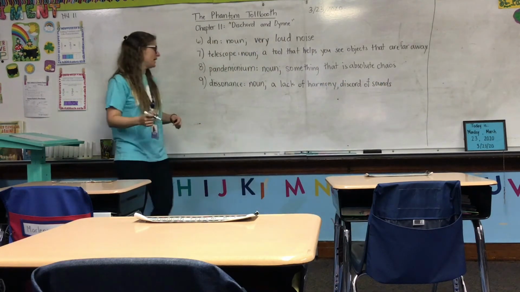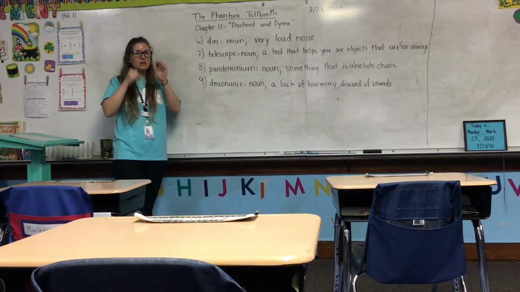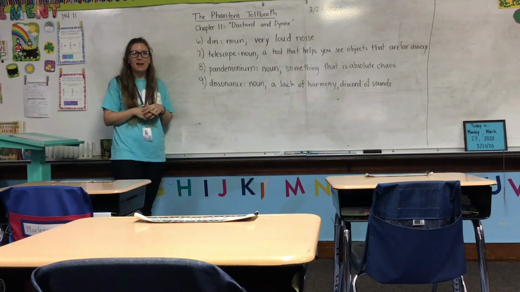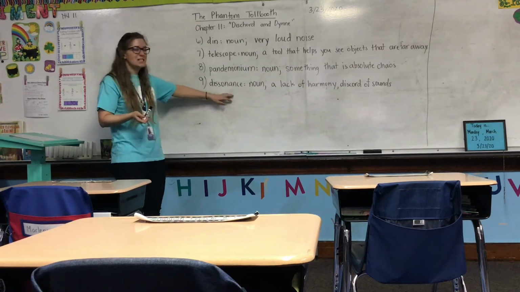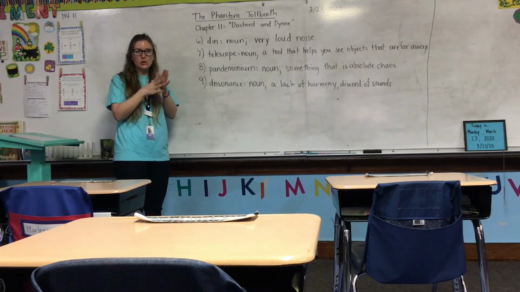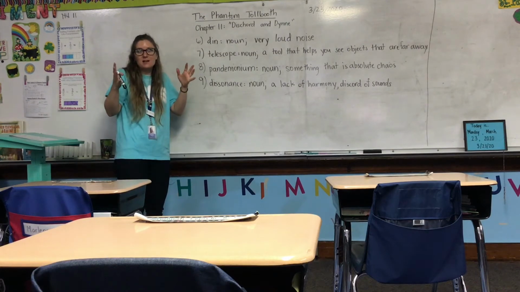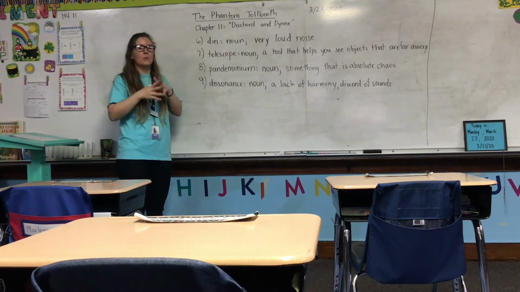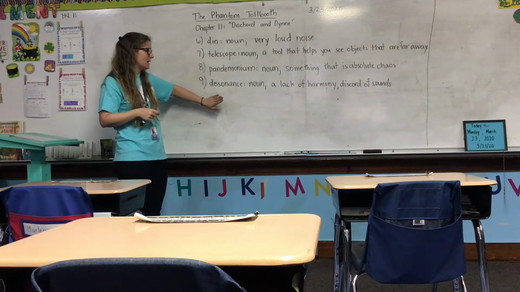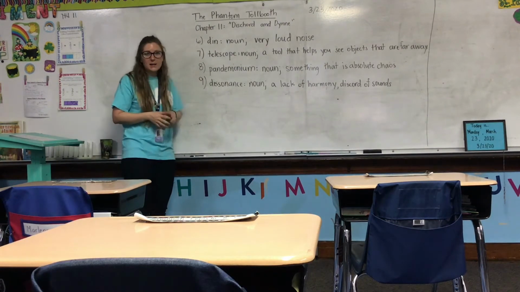Now, what that means is when you hear some people singing and a few of them are off key, you would have dissonance because not everybody's voices are going together. Maybe you've heard that in choir before when nobody's ready and nobody's really paying attention. That would be dissonance. Okay, those are our words.